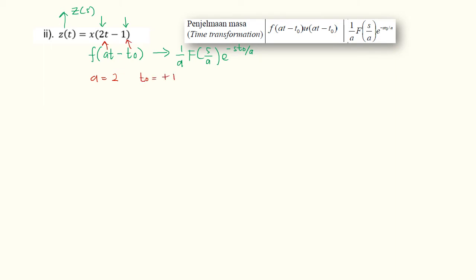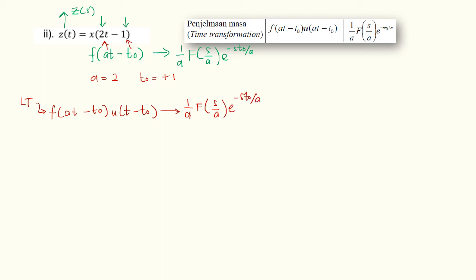Okay, so now rewrite the equation. We know, from the Laplace transform table, that f(at minus t naught) u(at minus t naught) will produce 1 over a F(s over a) e to the power of minus s t naught over a.